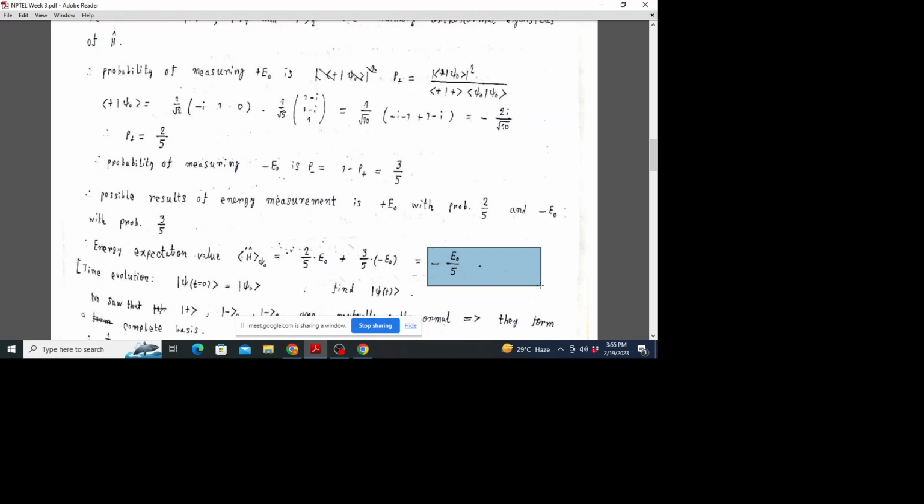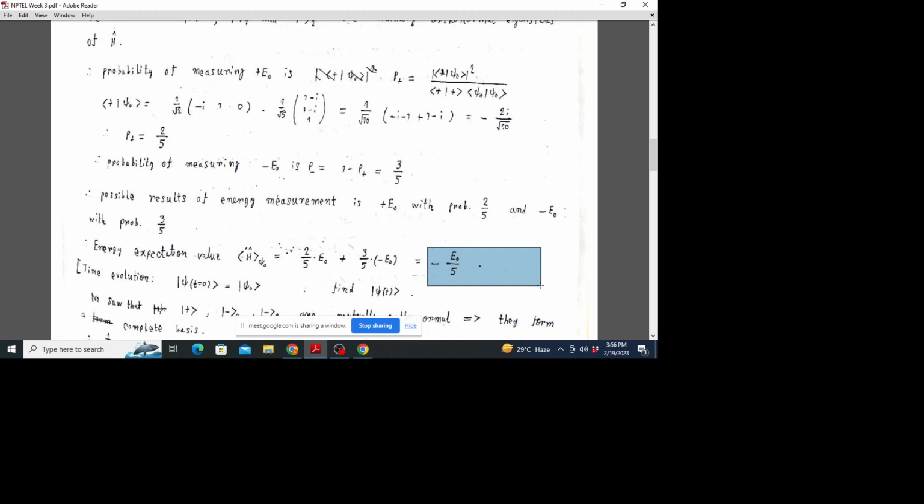But you need to remember that you will never get this expectation value as a result. In the general case, you do not get the expectation value as a result of the measurement. This is just the average of all the measurements, the weighted average with all these probabilities. Upon measurement, you may only get plus E naught or minus E naught.